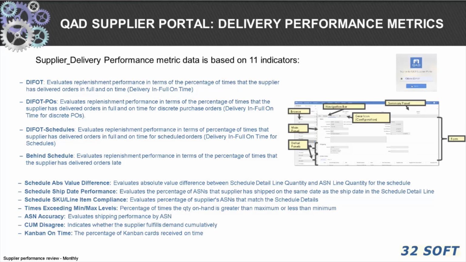The QAD Supplier Portal also offers supplier performance measurement capabilities for delivery on time in full, delivery on time for discrete POs, for schedules, schedule absolutes, schedule SK line compliance, times exceeding min-max, ASN accuracy, cum disagree, and Kanban on time.